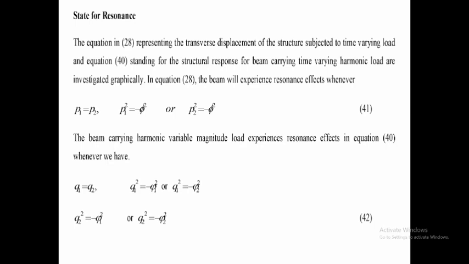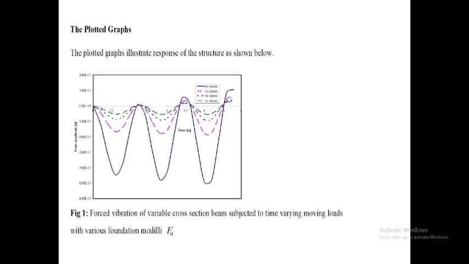In equation 28, the beam will experience resonance effect when we have the condition given in equation 41. Then for the beam carrying harmonic variable magnitude load, we experience resonance effect in equation 40 whenever we have the condition given in equation 42.